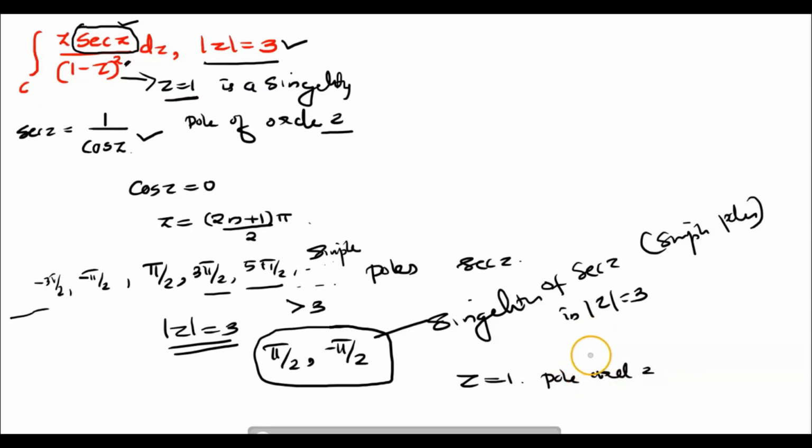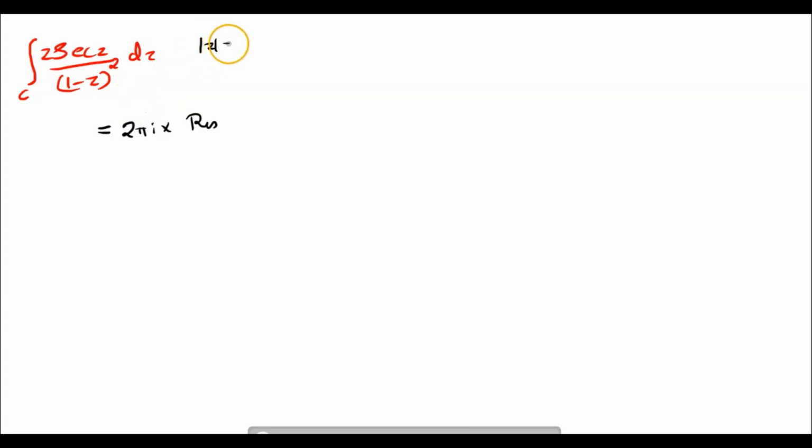Now, we use the residue theorem to evaluate this integral. That is, the integral over C of z sec z divided by (1 minus z) all squared dz is, by the residue theorem, equal to 2 pi i times the sum of residues at the singularities inside the region mod z equal to 3.